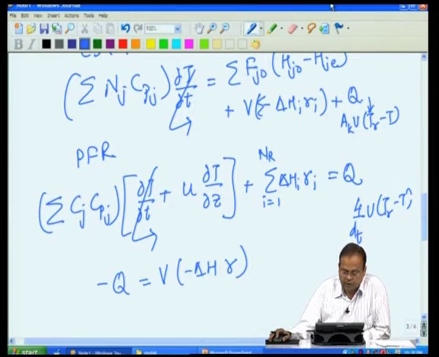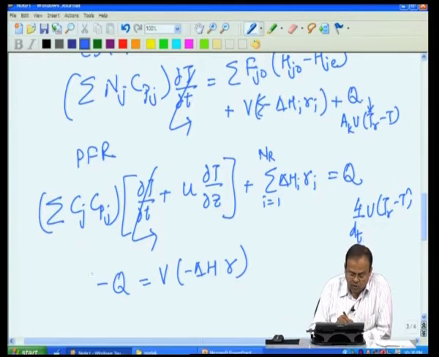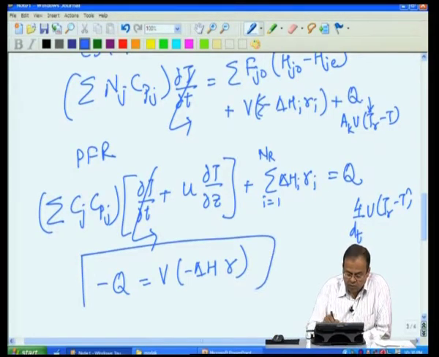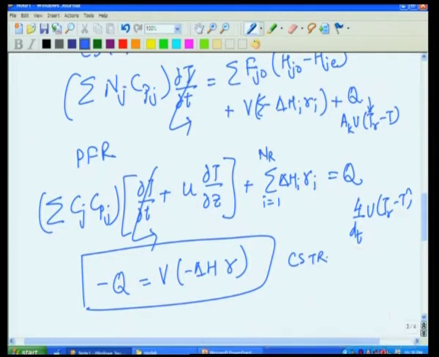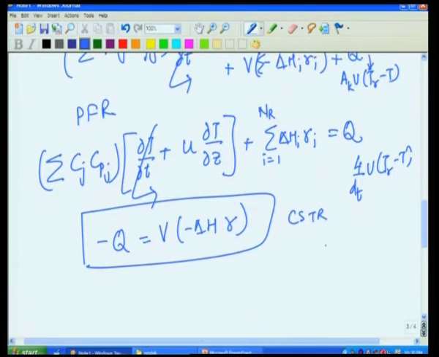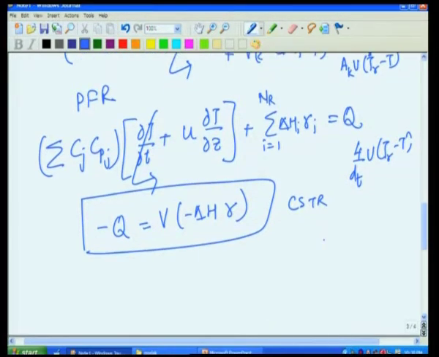So, we are maintaining that temperature. So, what does it take? For example, in a CSTR, this is what is required to maintain that temperature constant.